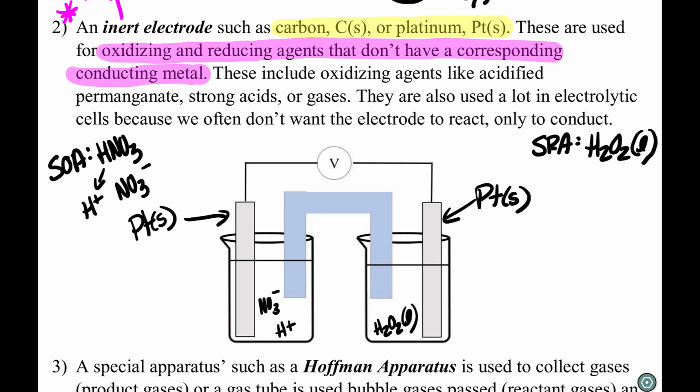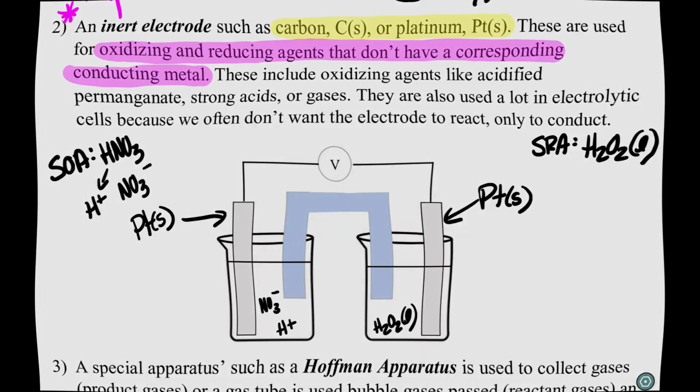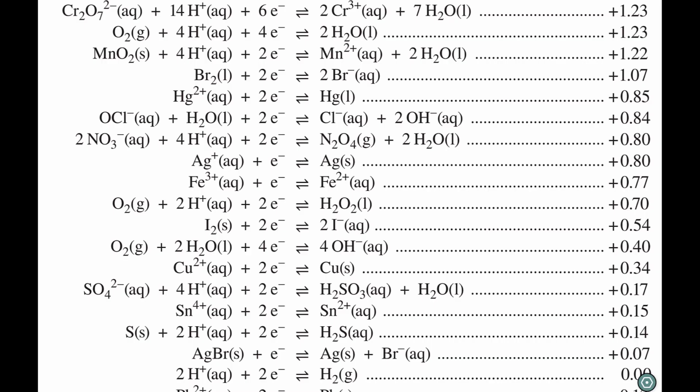So if I look at these two half reactions on my reduction half reaction table, I'll show you this. Looking at my reduction half reaction table, I can see my strongest oxidizing agent, nitric acid, and I can see my strongest reducing agent, hydrogen peroxide, on the table.